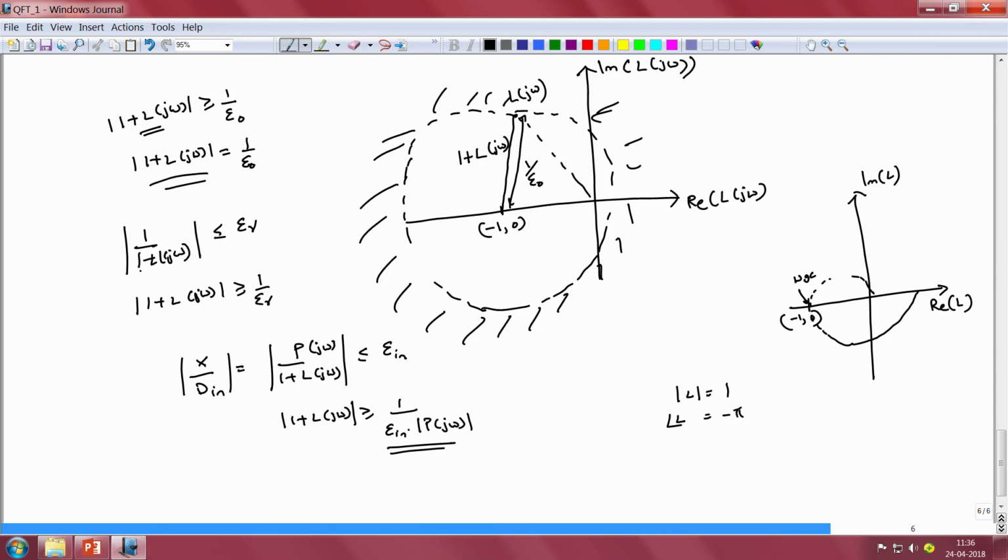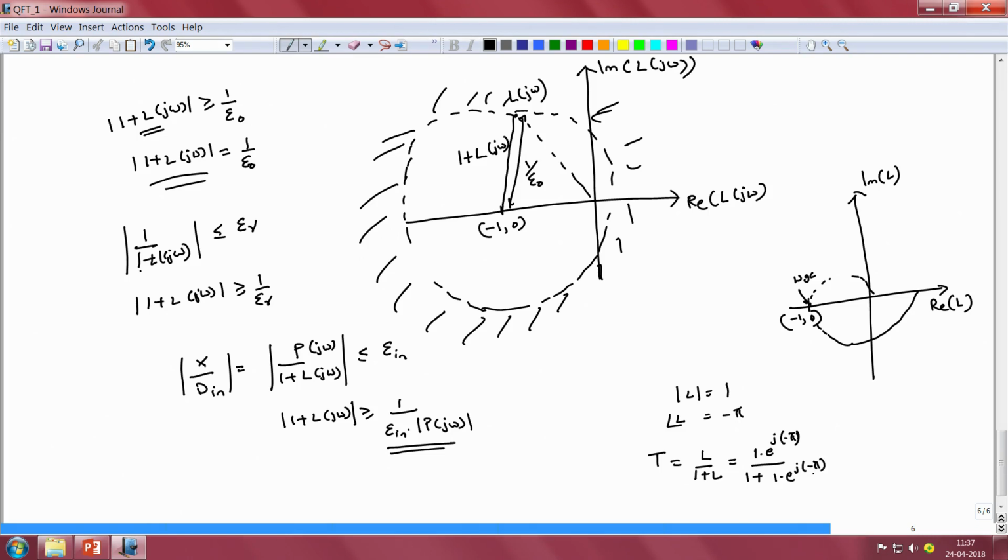Now, what this indicates therefore is that at the frequency omega gc, the overall transmission function T, which relates the output to the reference, which is given by the expression T is equal to L by 1 plus L, is in turn given by 1 times e to the power j times minus pi, because the phase of L at the gain crossover frequency is equal to minus pi, divided by 1 plus 1 times e to the power j minus pi.